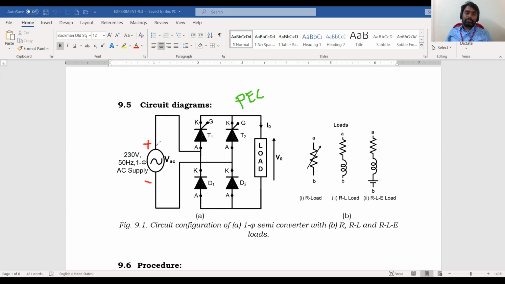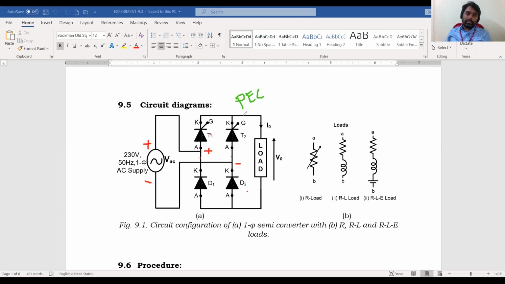During the positive half cycle, this wire is connected here and this wire is connected here. This is leg A and leg B. Leg A center point is connected to positive, leg B center point is connected to negative, which means T1 and D2 are in forward bias condition.